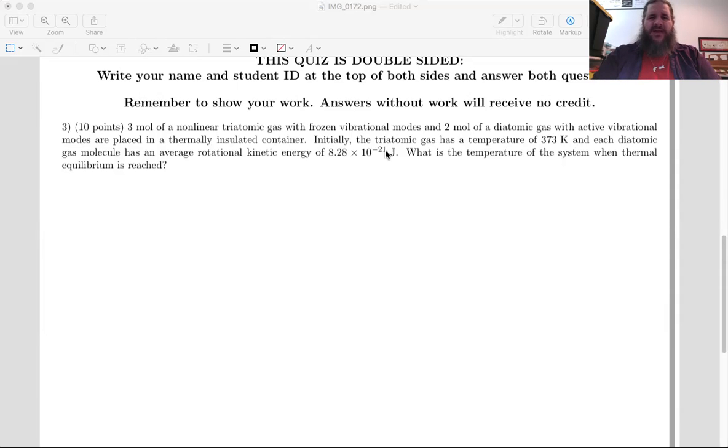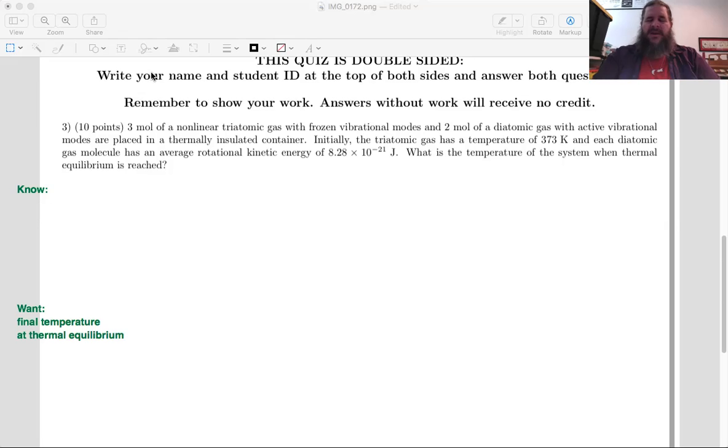So again, let's list out what we know and what we're trying to find. Certainly what we want in the end is the final temperature at thermal equilibrium once both substances reach the same temperature. But what information do we know that might be relevant to that?